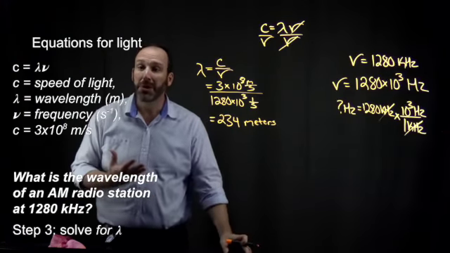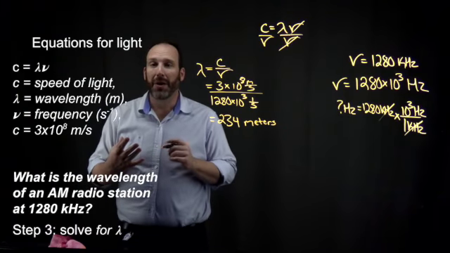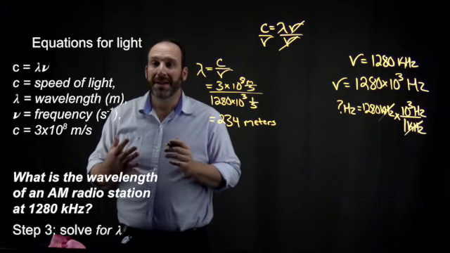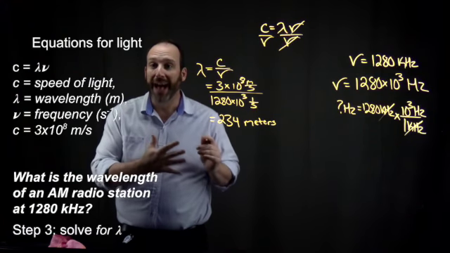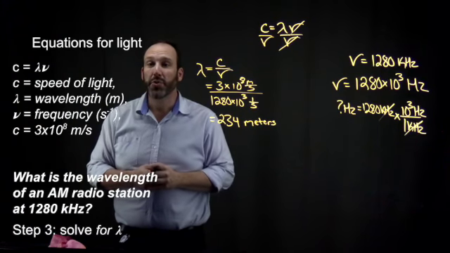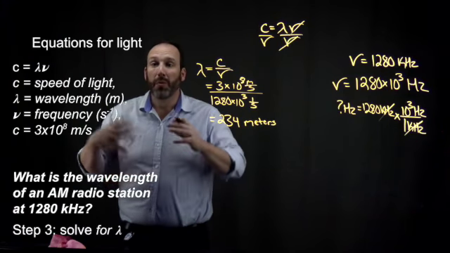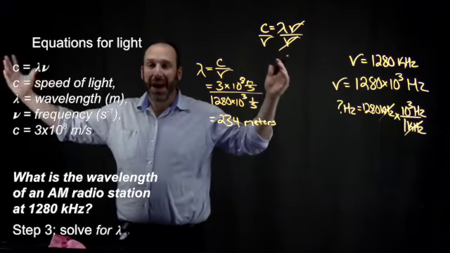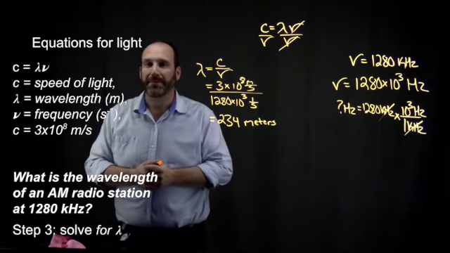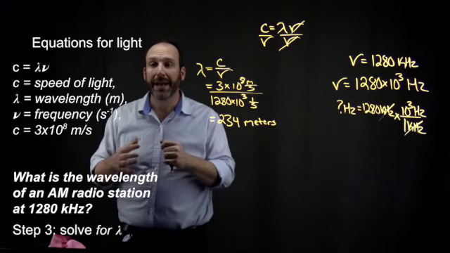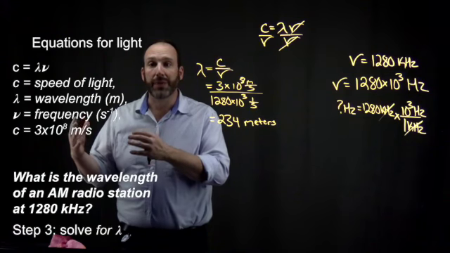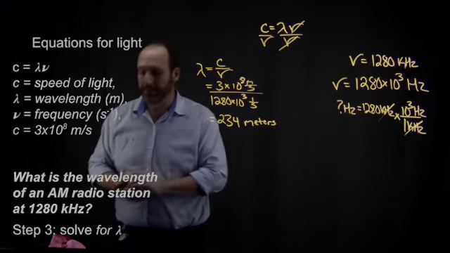So remember, our visible light was around 400 times 10 to the minus 9 meters. Now we've got our radio wave at 234 meters. So radio waves are a billion times longer than visible light waves. All right? Okay, let's try another one now, but with our other equation of converting between energy and frequency.